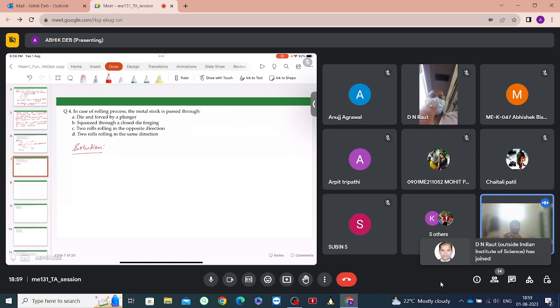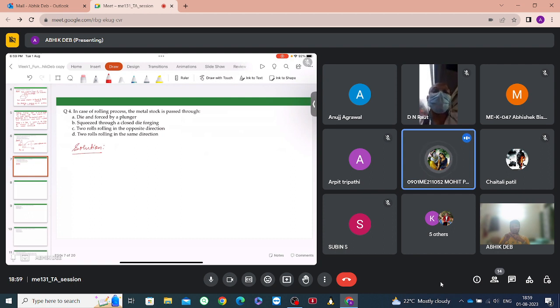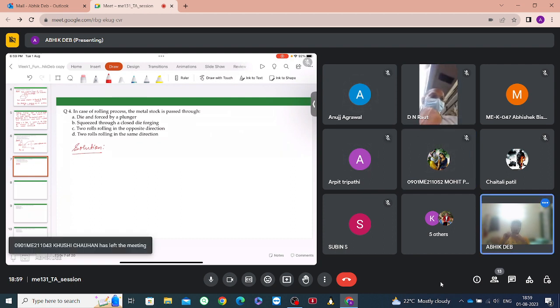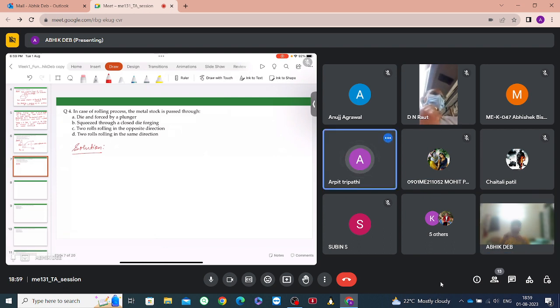You know the extrusion process. So what happens in an extrusion process? It is used for thin wire. No, no, no. How is the process done? What is an extrusion process?